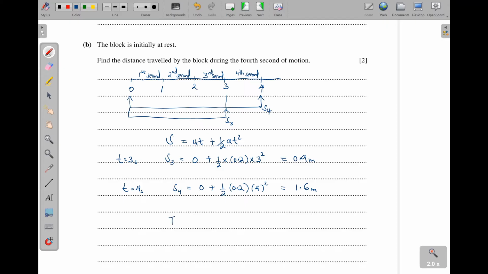So this means that the distance traveled in the fourth second is going to be equal to 1.6 minus 0.9. And this gives us 0.7 meters, as simple as that.